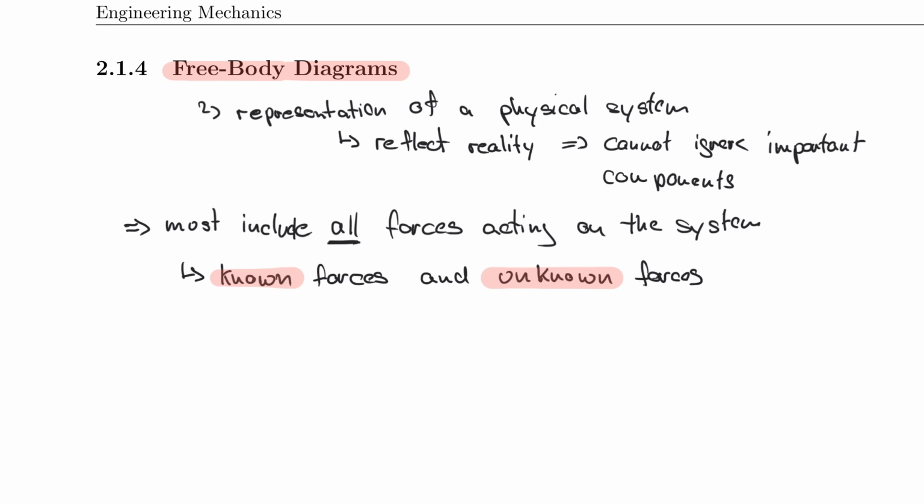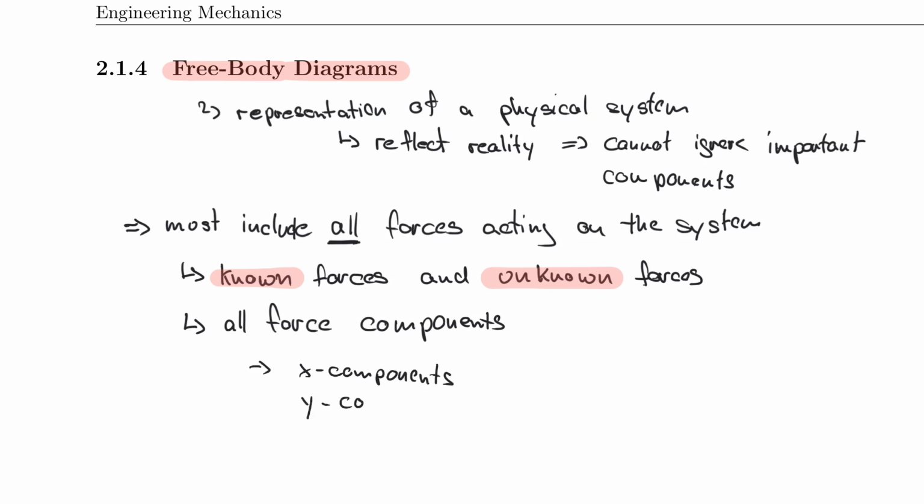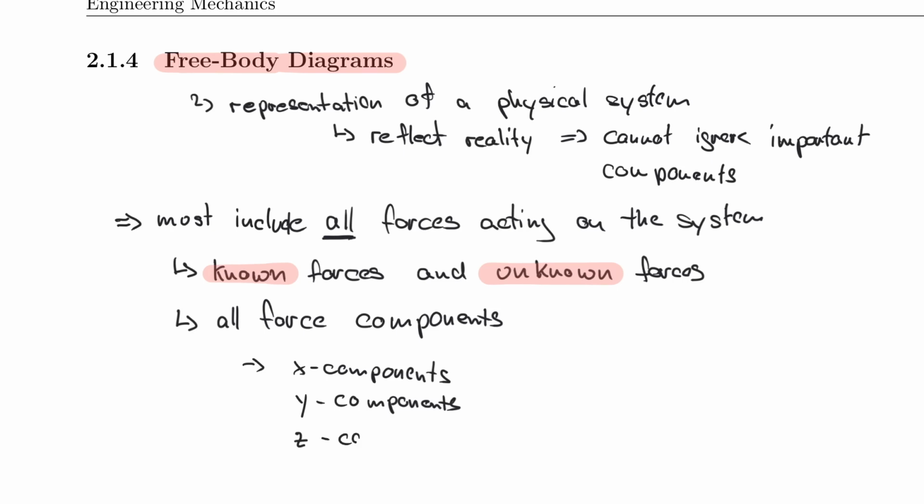You also need to include all force components. So that effectively means that you have to include the X components, the Y components, and if we talk about 3D, the Z components.